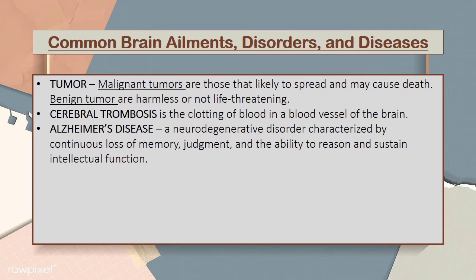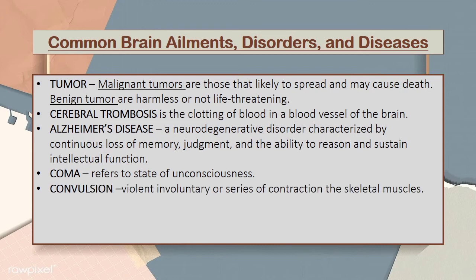Alzheimer's disease, a neurodegenerative disorder characterized by continuous loss of memory, judgment, and the ability to reason and sustain intellectual function. Coma. It refers to the state of unconsciousness. Convulsion.